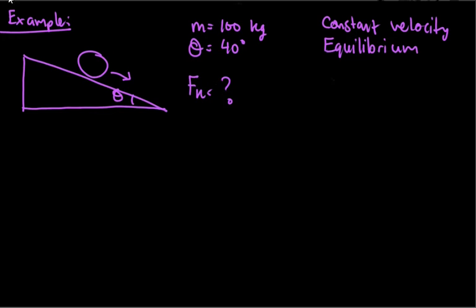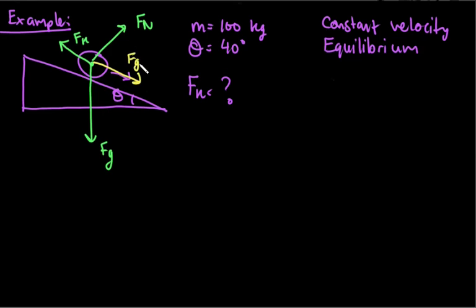Well, the first thing we want to do is draw our free body diagram. We know that gravitational force pulls down. We know that the normal force is moving up at this angle. And we know that our kinetic friction force is opposite the movement. And since this is rolling down the hill, it's going to be going up the hill. We also know that the gravitational force splits up into two forces.